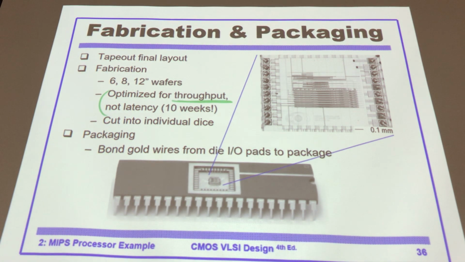对晶圆厂来讲，他们在乎的是产量，because the equipment is very expensive. They have to try to maximize the throughput. Maybe the latency is going to be somehow sacrificed. It takes longer.